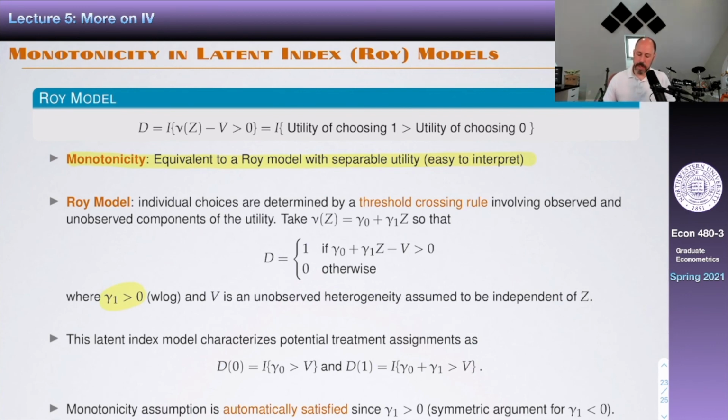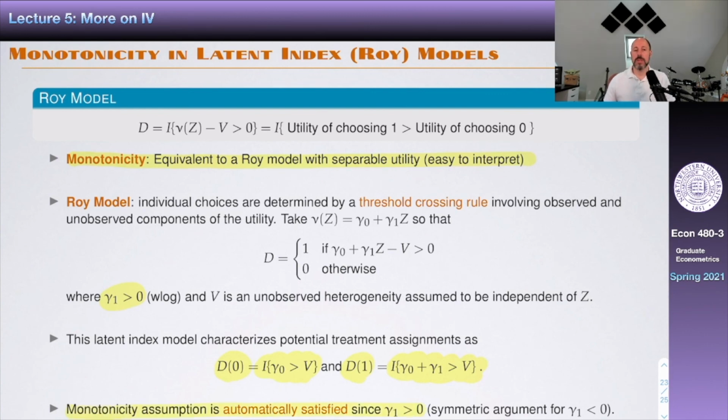And so if we write this latent index model with potential outcomes, then D0, when you set z equal to 0, is just the indicator that b is less than gamma naught. And then D1 is the indicator that b is less than gamma naught plus gamma 1. And so you can see that monotonicity is automatically satisfied here.